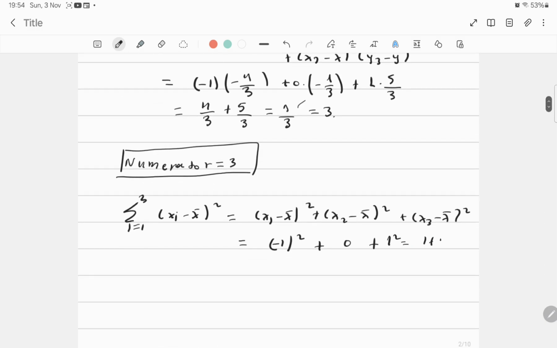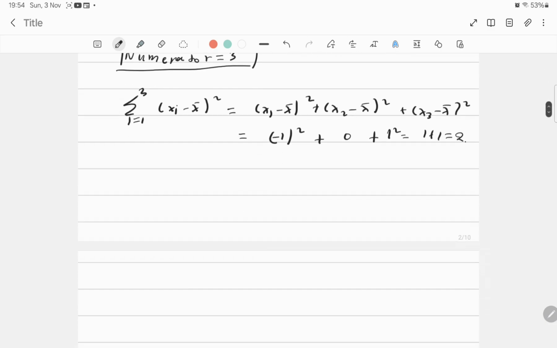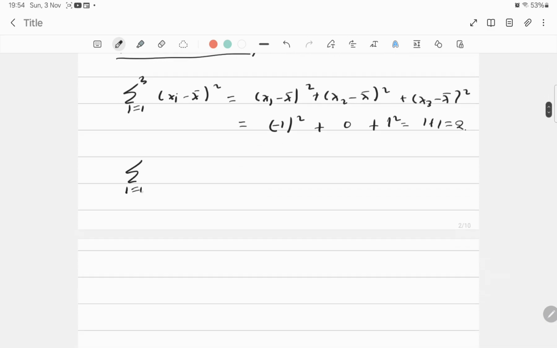So it's 1 plus 1 equals 2. And the sum from i equals 1 to 3 of yi minus y bar squared equals y1 minus y bar squared plus y2 minus y bar squared plus y3 minus y bar squared.